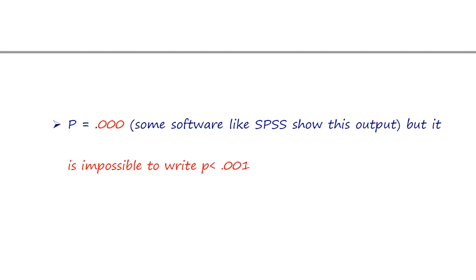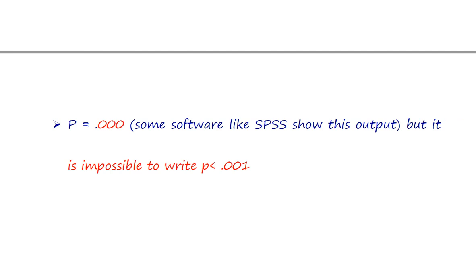Another important point is some statistical software like SPSS, in case of very low p-value, gives the answer like p is equal to 0.000. So this is not accurate to write, because p-value never attains 0.